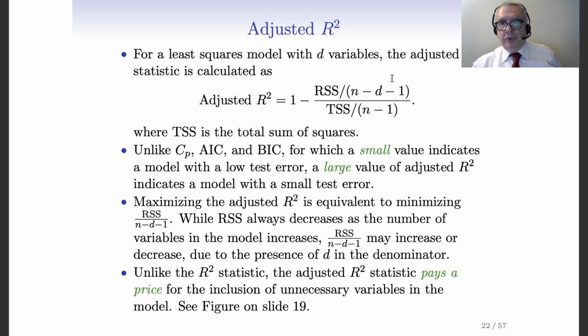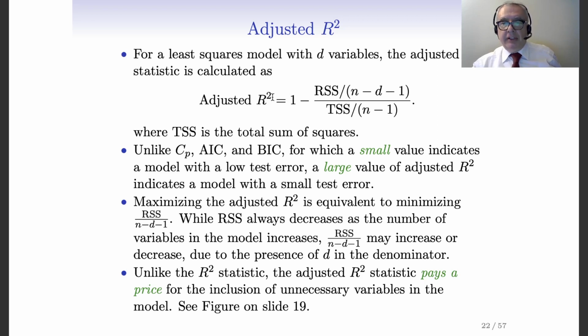But if you introduce this adjustment, you can see that when you increase the number of parameters, this denominator becomes small, because this d minus 1 or p minus 1 approaches n, and then you divide by a small number, this term becomes large, and so you are no more guaranteed that the most complex model will have the best R squared.